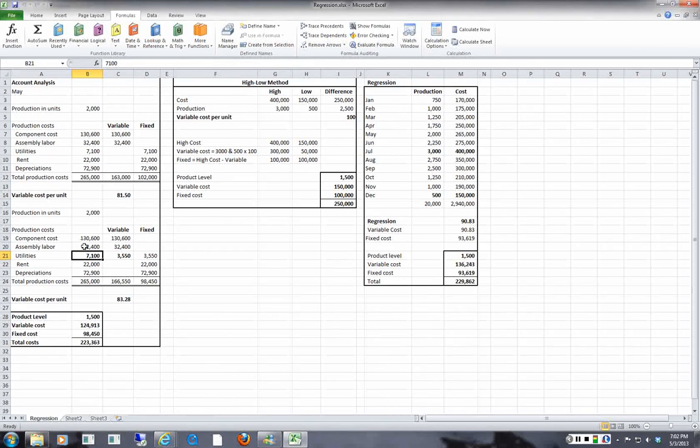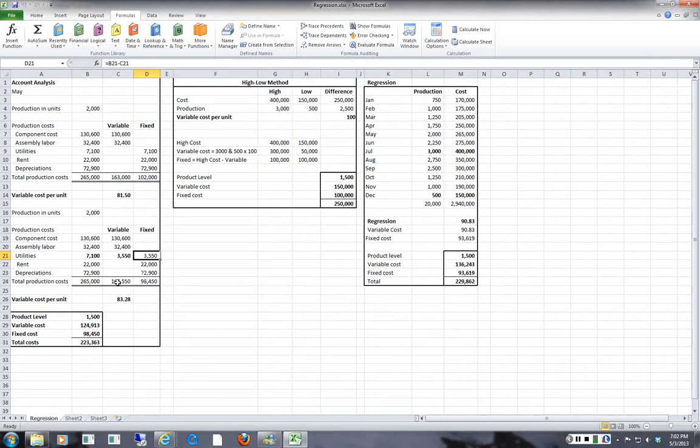So the accountant goes out and talks with the operating personnel, and they review it. Indeed, they say, based on their analysis, that 50% of that $7,100 is variable, and the other 50%, $3,550, is fixed. So they put that in there. Then they say, okay, now all the rest of it's fixed.